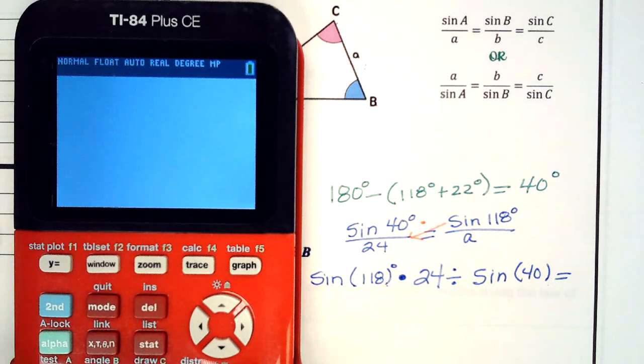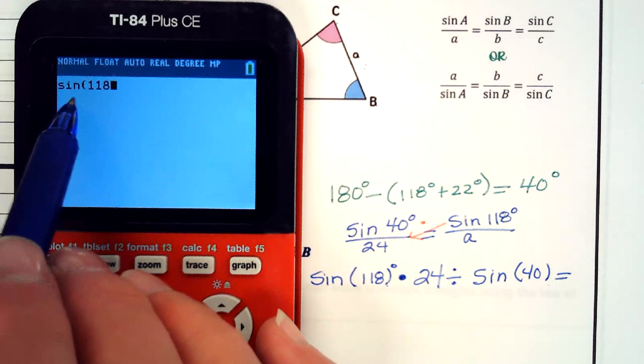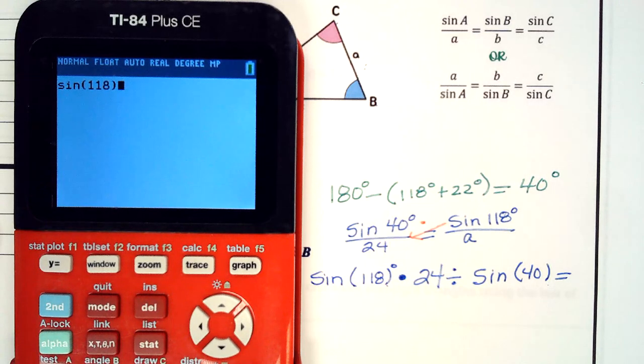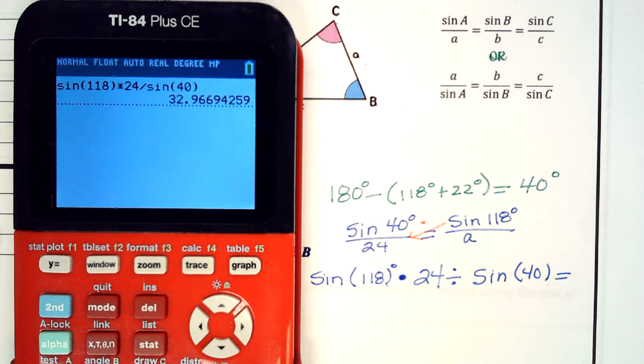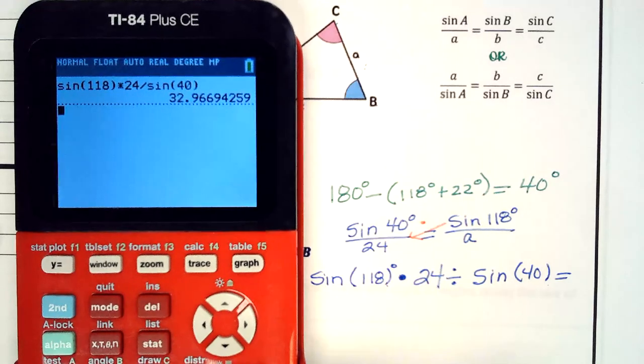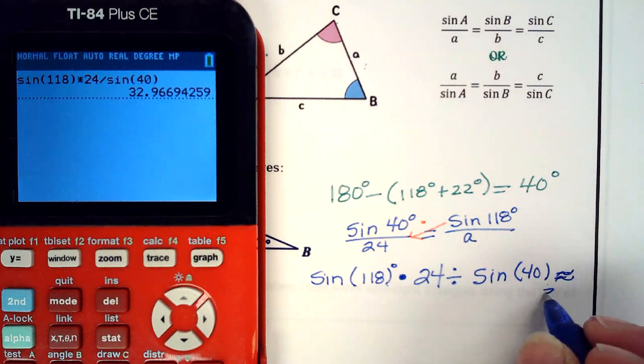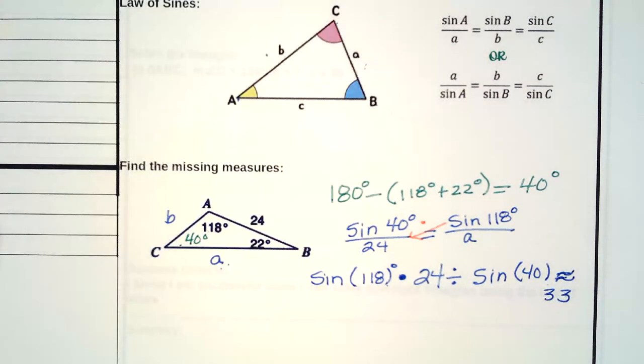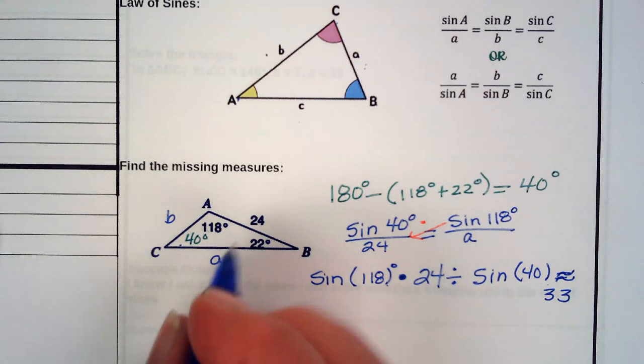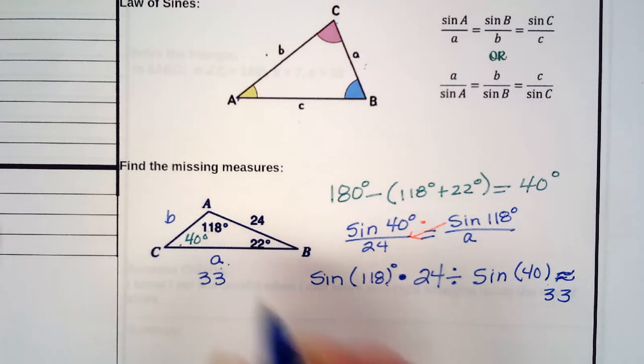Okay, so sine 118. You see how you got one parenthesis? We've got to close it off. Times 24 divided by sine 40 degrees. Close it off. And you get 32.966, so it is about 33. Now we don't know what units it's in, so we just say 33 units.